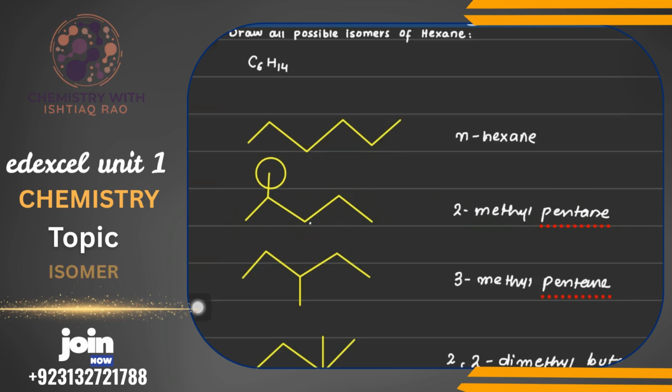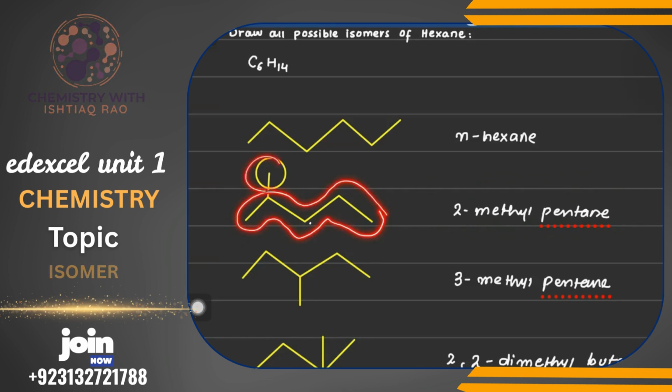Remember, it's a good thing to give the name to the compound so that you can see in an easier manner whether it is a structural isomer or not. That's why when I draw the structure, I give the name. According to the IUPAC rules, as I told you in the last class, we have to select the longest carbon chain.